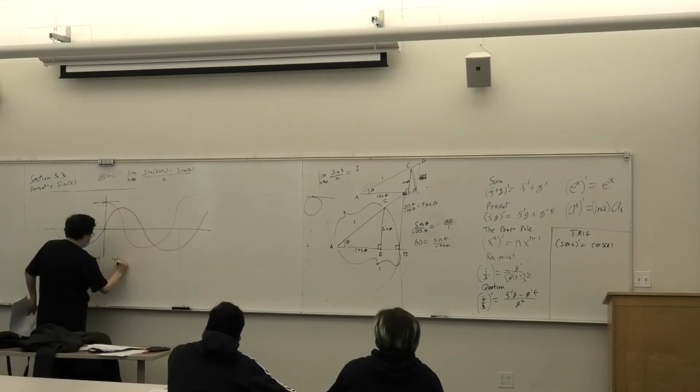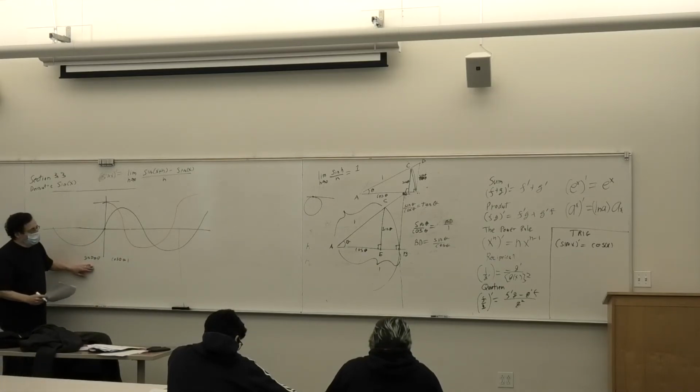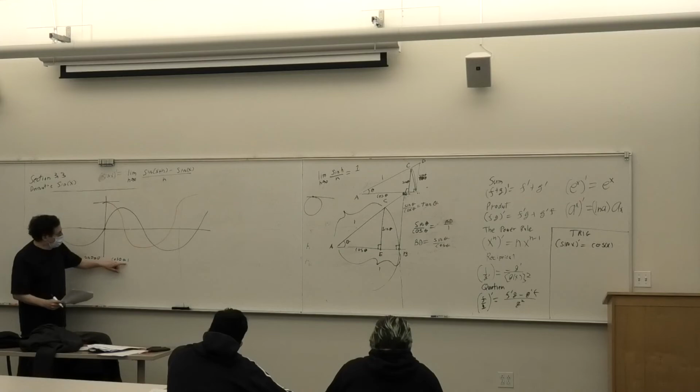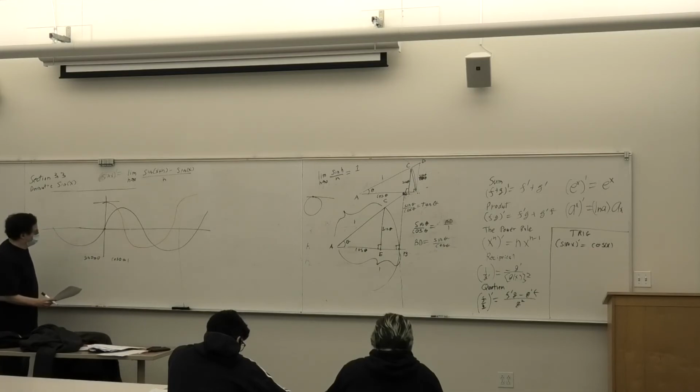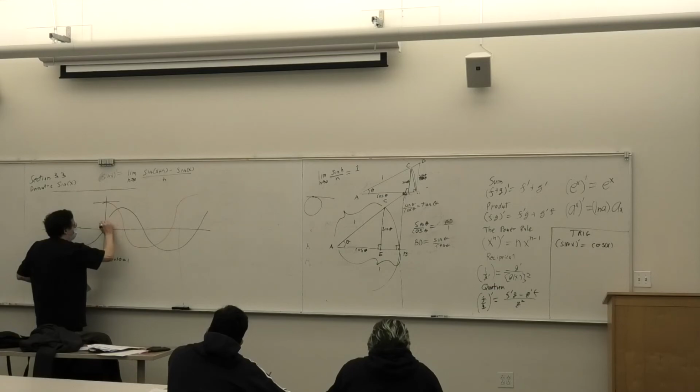Cosine of 0 is 1. So our formula says the derivative of the sine at 0 is the cosine of 0, which is 1, which is exactly right. Did I say that right? No. I guess it's not obviously exactly right.